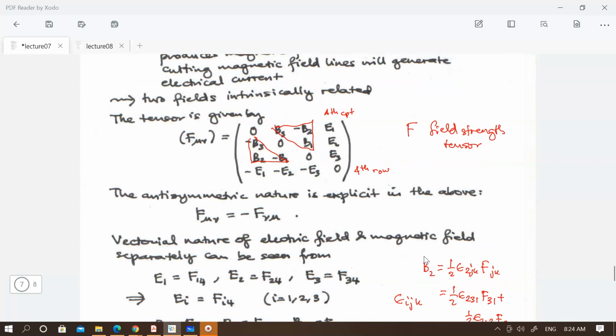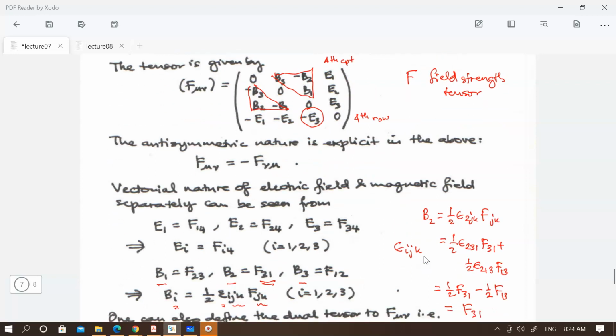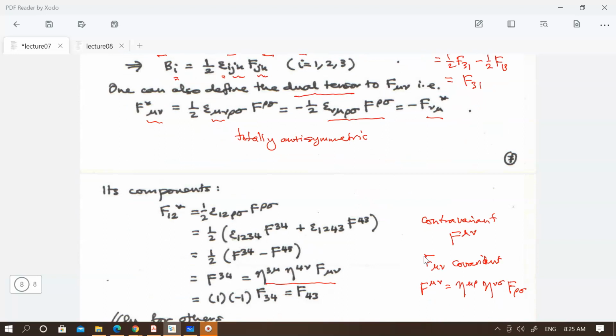If you look, F43 is what? This. So it will be this. This is the fourth row and the third column. So you find that this F12 star is essentially minus E3.